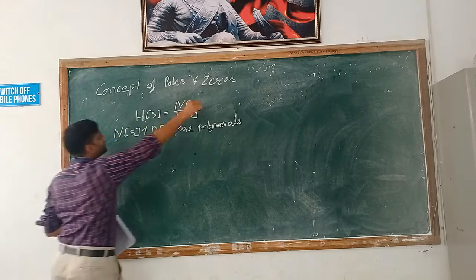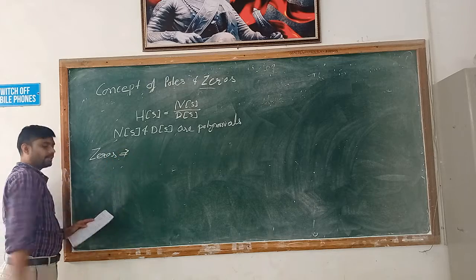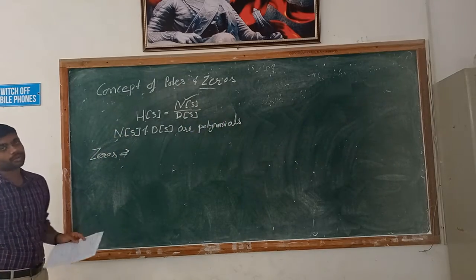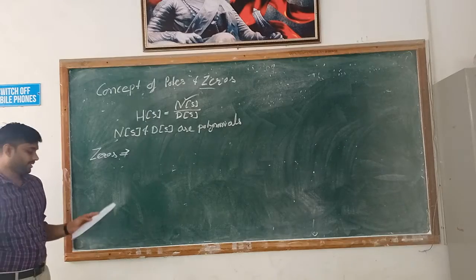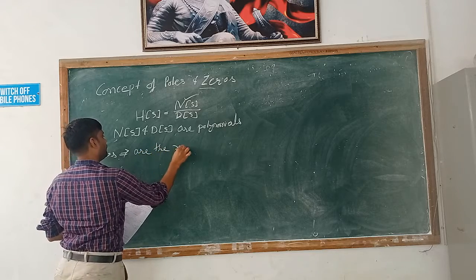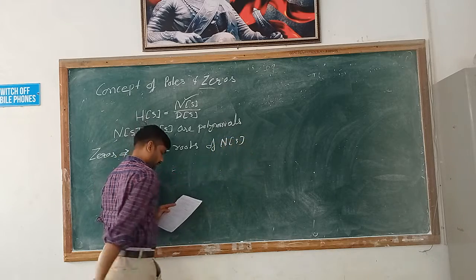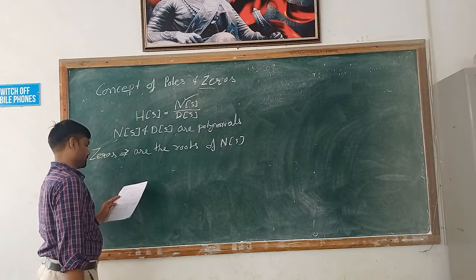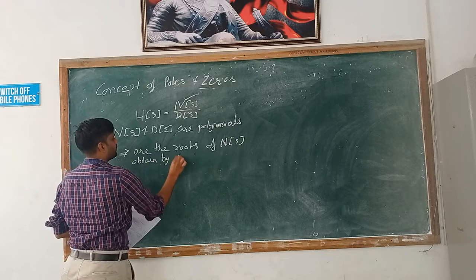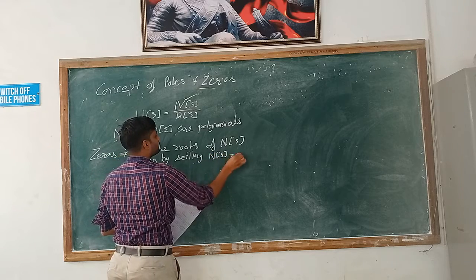So, what are the zeros? Zeros are the roots of the numerator polynomial, obtained by setting N(s) equal to 0.